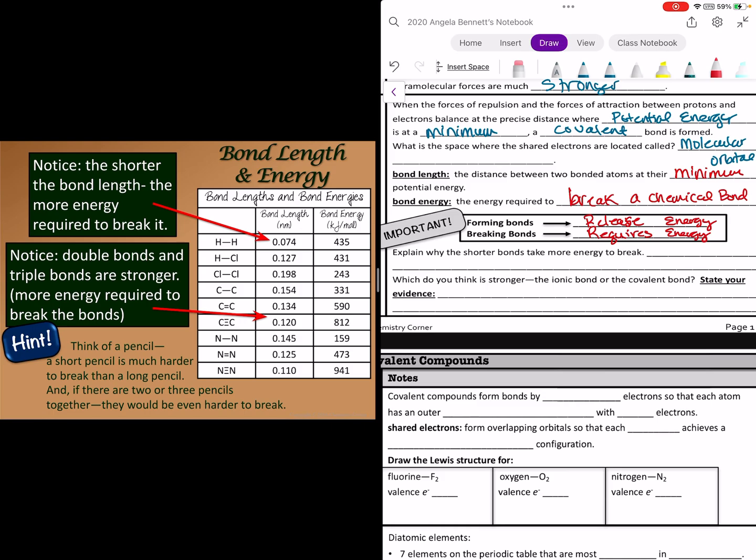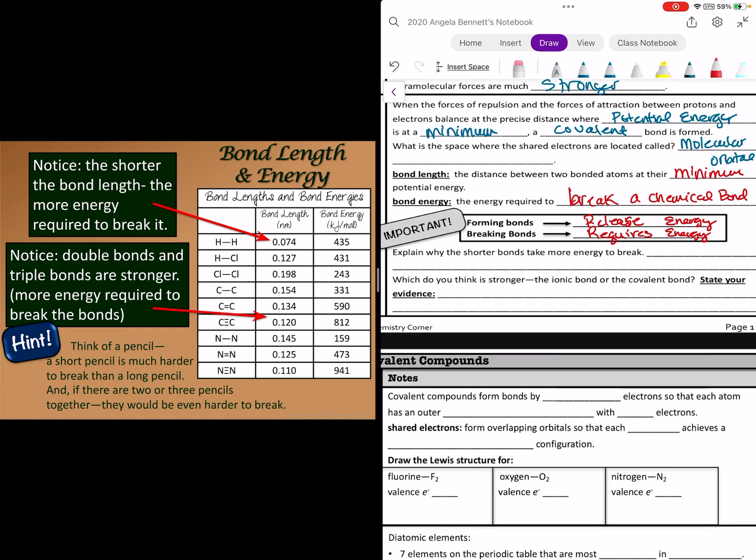We can notice that the shorter the bond length, which is the middle column, the more energy it requires to break it, as shown in the far right column where the bond energies are located.